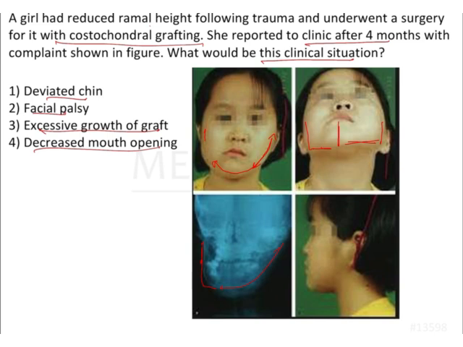Now, from these scenarios, let's correlate it with the question that they have given. Reduced ramal height following trauma. That means the patient clearly has had ankylosis. Following ankylosis, the patient would probably have undergone a form of gap arthroplasty, and after the gap arthroplasty, see, children are of growing age group.